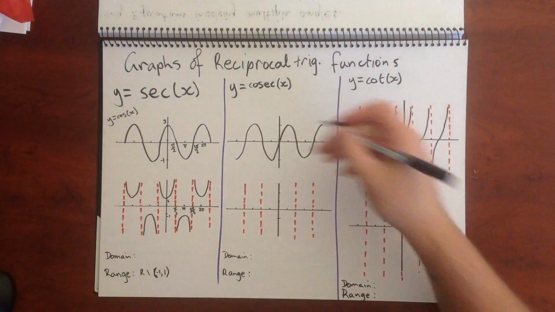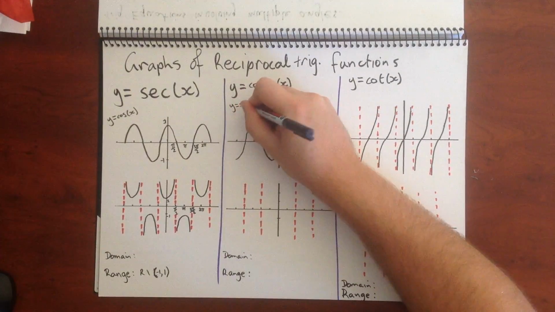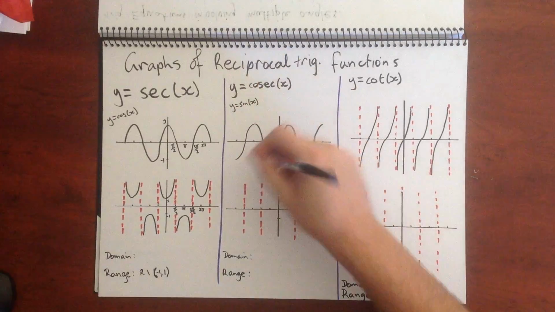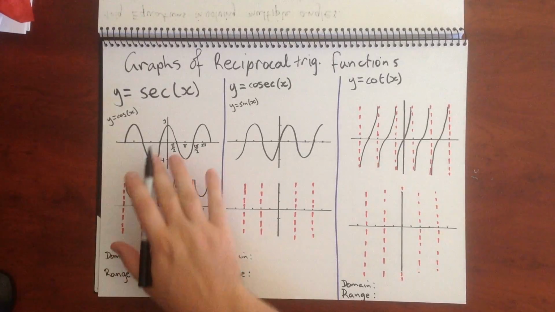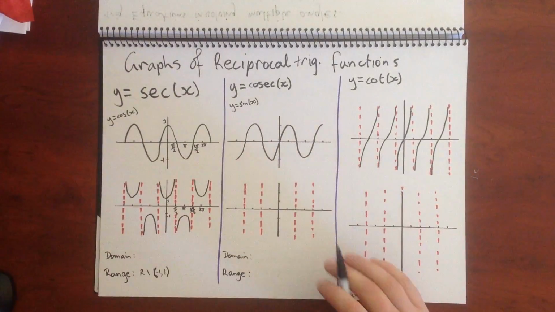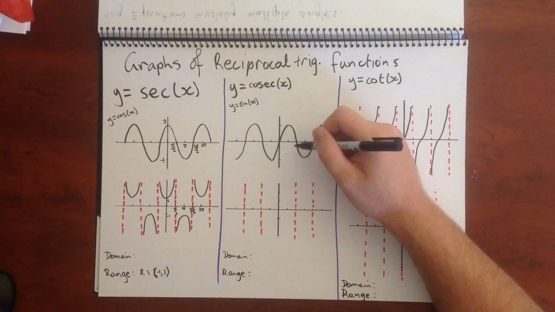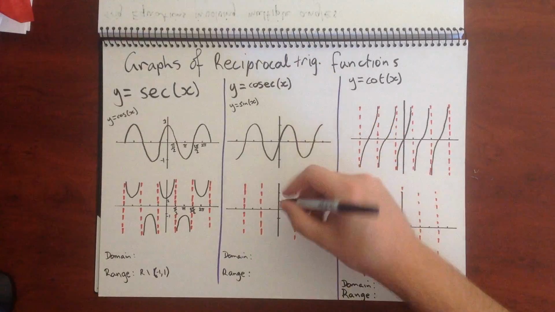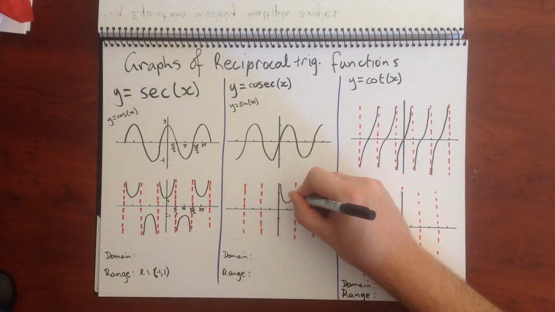For cosec, remember that's 1 over y equals sine of x, so we've drawn our graph of sine of x there. As you'd expect, it's going to look very similar to this, because these are very similar, they've just got a phase difference. Again, wherever we are above, we're going to be above as well, like this.